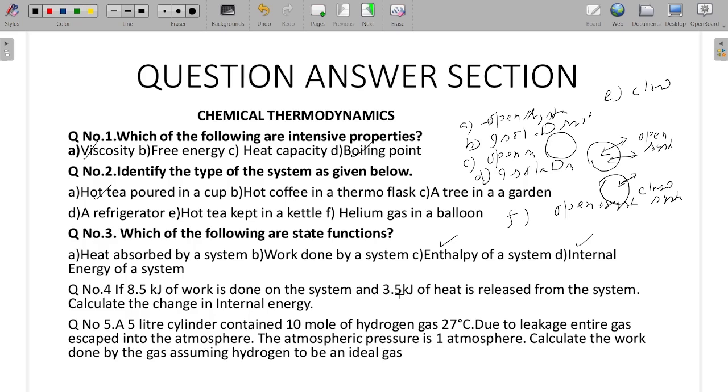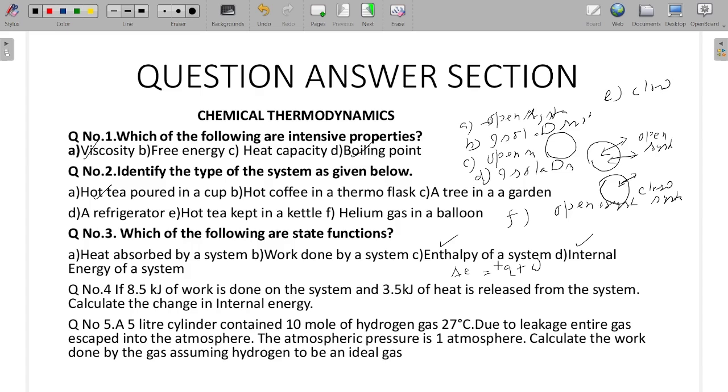From the first law of thermodynamics, change in internal energy delta E is equal to Q plus W. Here we take proper sign convention. Work done by the system is negative, and work done on the system is positive.